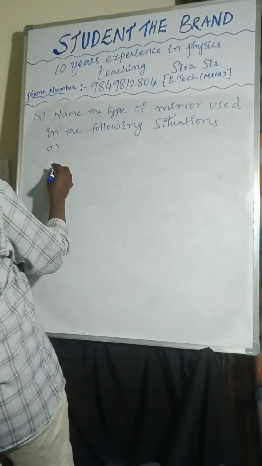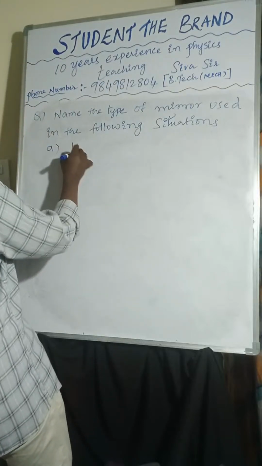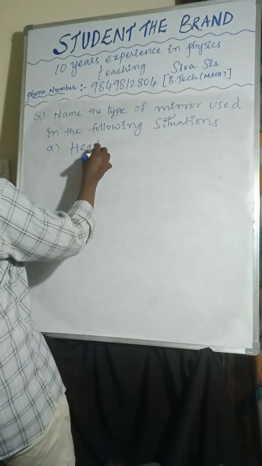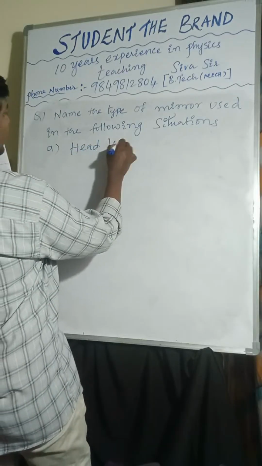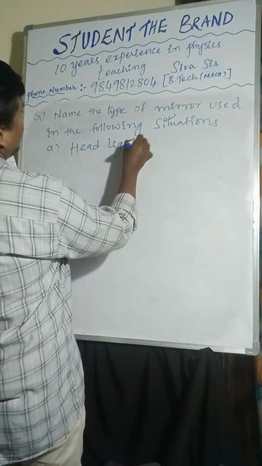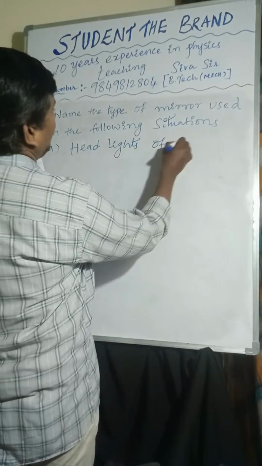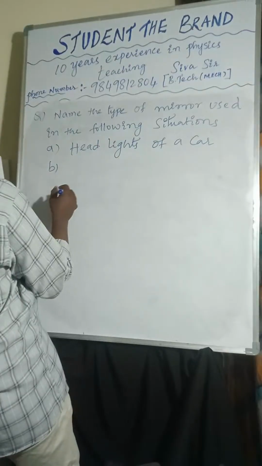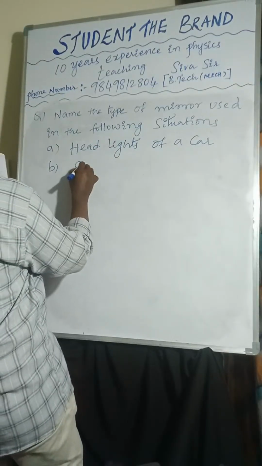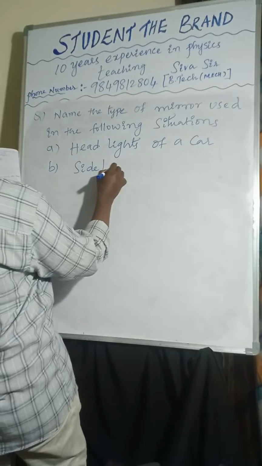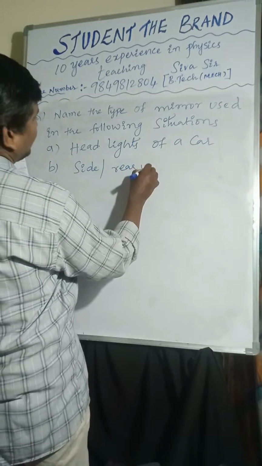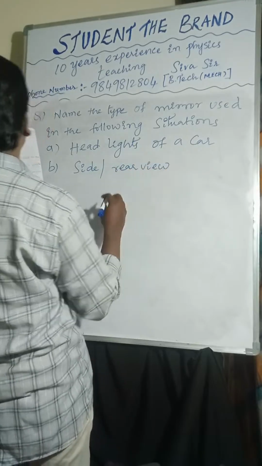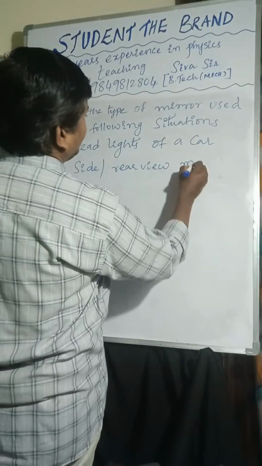First one is headlights of a car. Second one, side or rear view mirror of a vehicle.